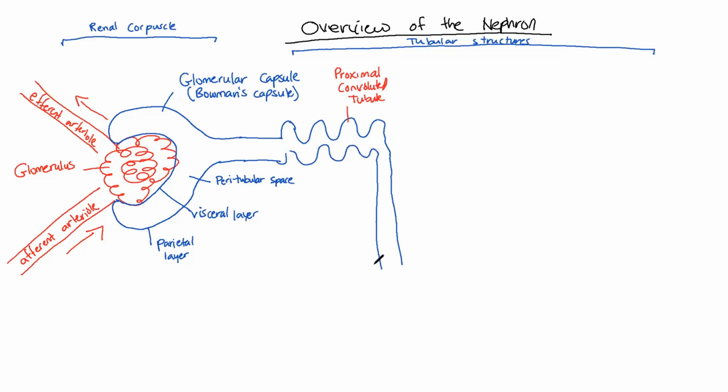And then it goes into this dip that is called the loop of Henle. This has a lot of other terms, by the way. If you're reading this up in other texts, you may see this referred to as several different terms, nephron loop, other terms, but we're going to use the loop of Henle.